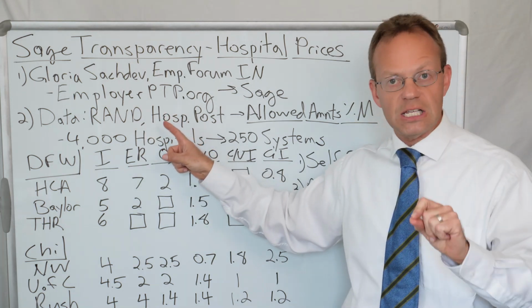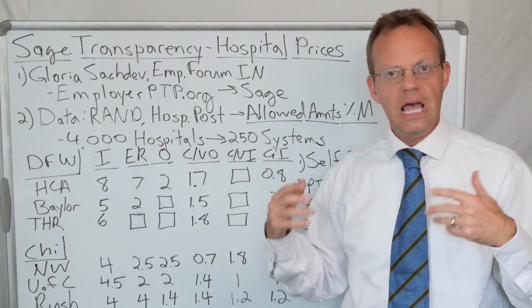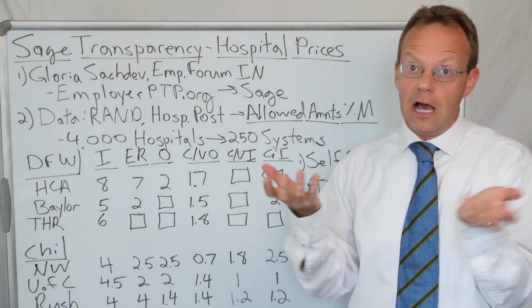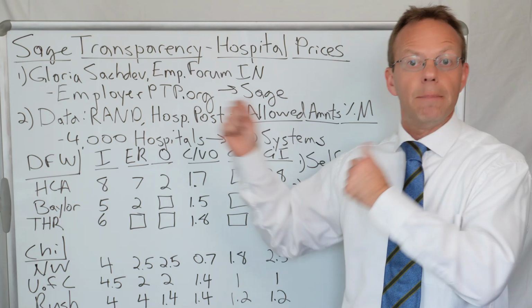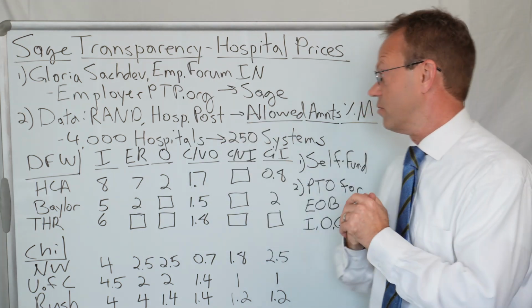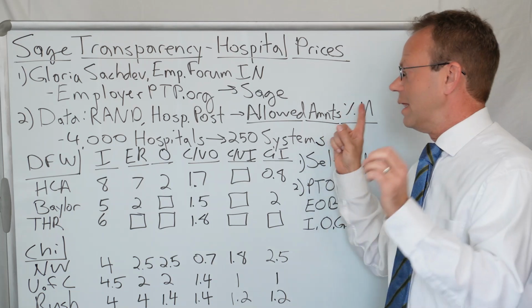It comes from hospitals actually posting prices themselves on their websites as dictated by the federal government. Now, of course, there's holes in it, right? Because not all hospitals are compliant with all the prices, but there's still a lot of hospital pricing information from there as well.